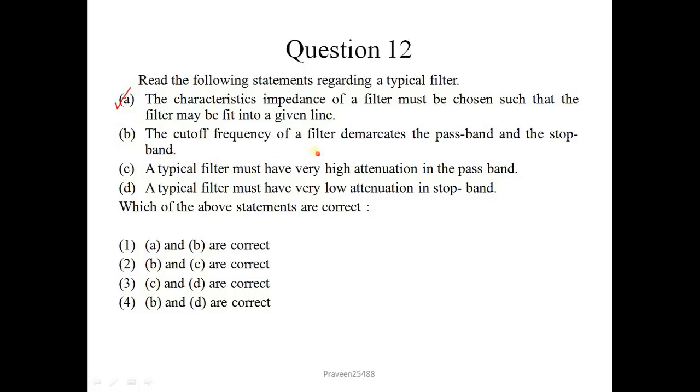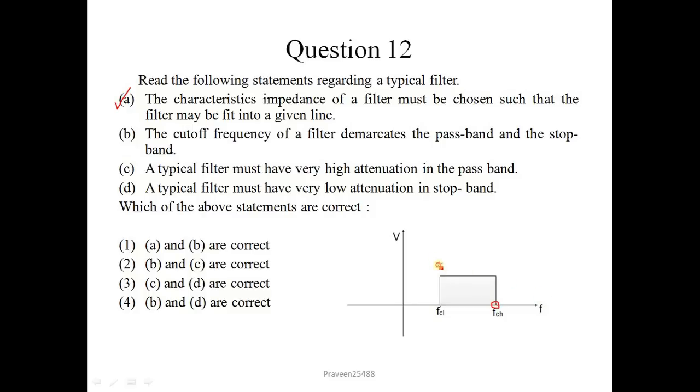Here I will draw the graph for ideal filter. So here this is the upper cutoff frequency and this is the lower cutoff frequency. The cutoff frequency of a filter demarcates the pass band and the stop band. Demarcates means separate. So this frequency separates the pass band and stop band.